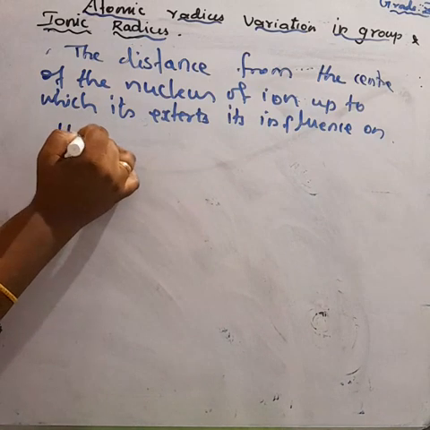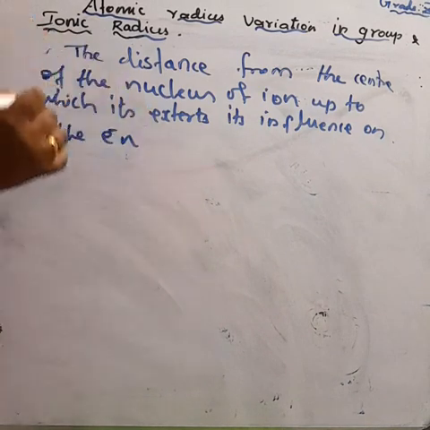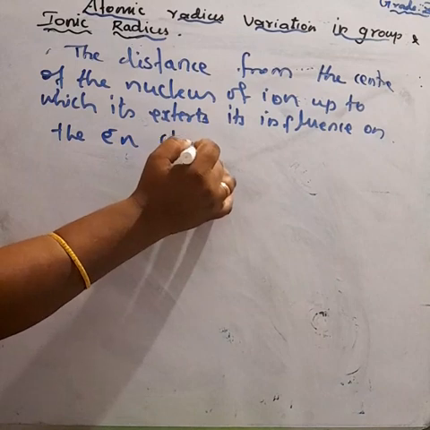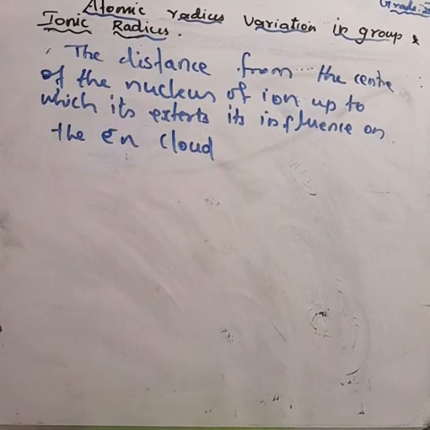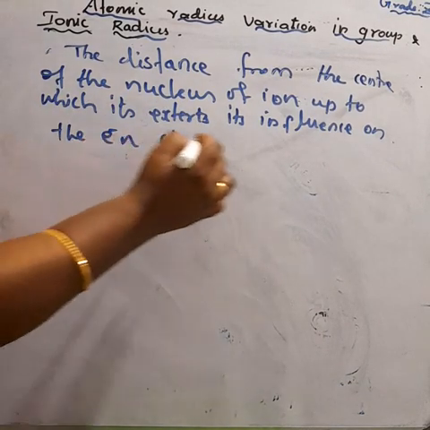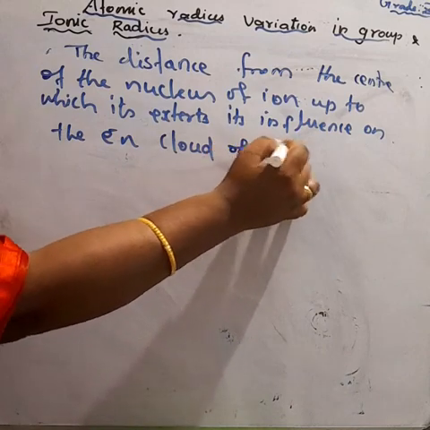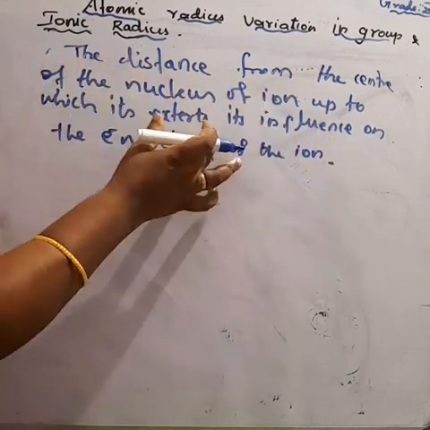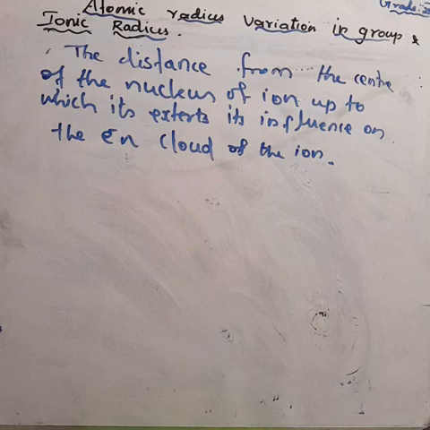Understood? So ionic radius means the distance between the center of the nucleus of the ion up to which it exerts its influence on the electron cloud. That is called ion.